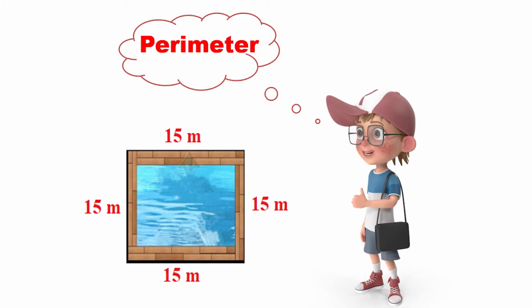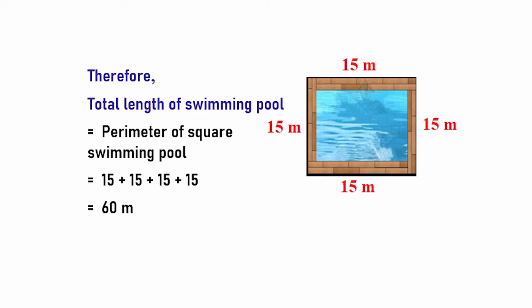We know perimeter is the sum of the length of all the sides. So here, we will add all the sides of the square swimming pool. In this figure, we are given each side of the swimming pool is 15 meters long.